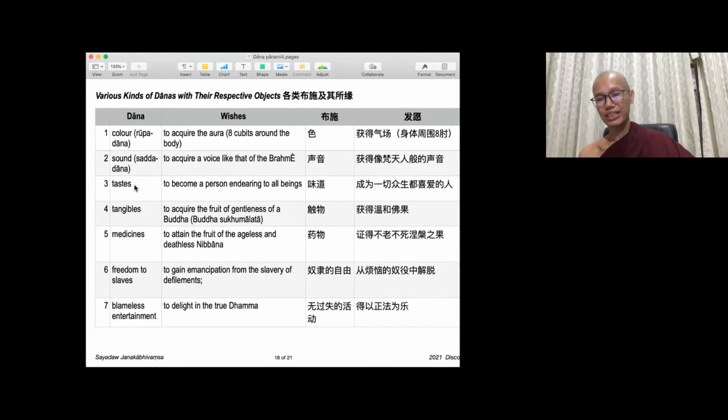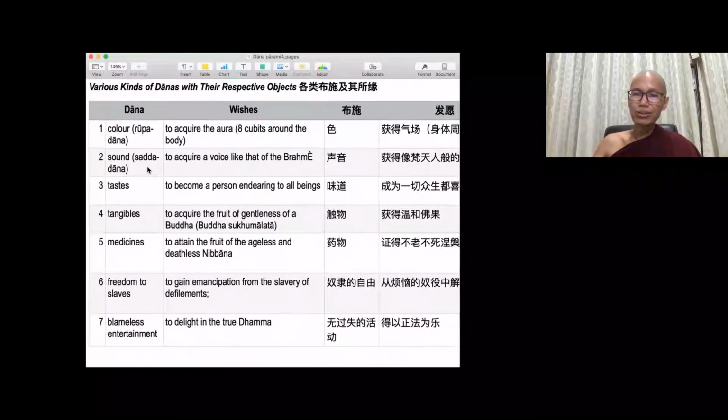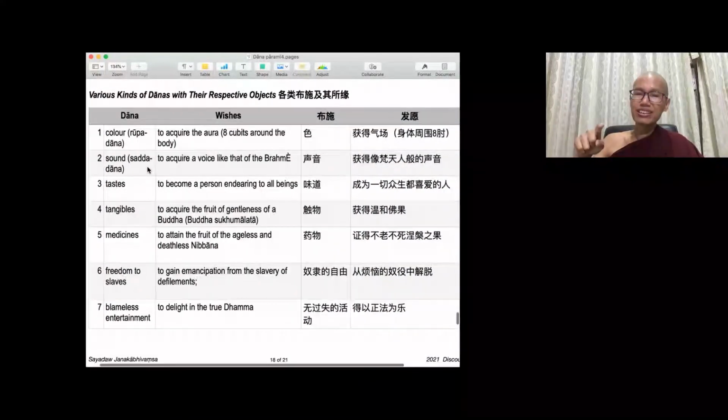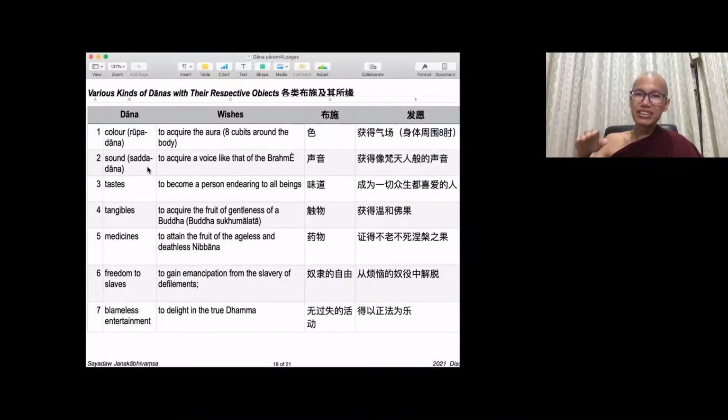To get a Brahma's sound, there are some qualities of the Buddha's sound. I cannot remember everything I may say. The Buddha's sound spreads according to the audience.